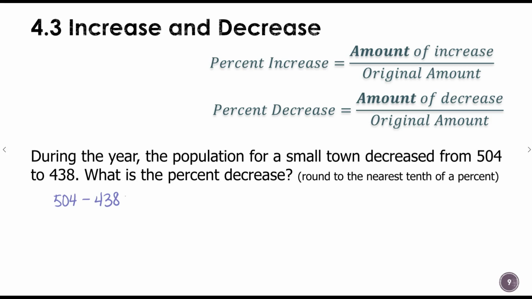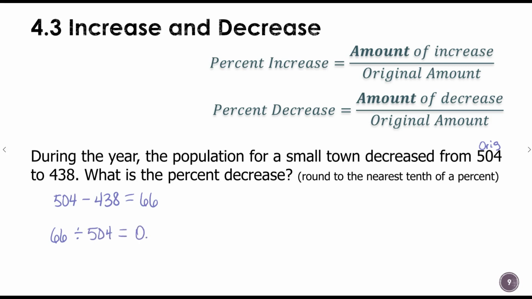And that number gives us 66. And then we take 66 and divide it by the original number. And that would be the number before the decrease, right? Here's my original, 504. So 66, sorry, I can't seem to write a division symbol. 66 divided by 504.